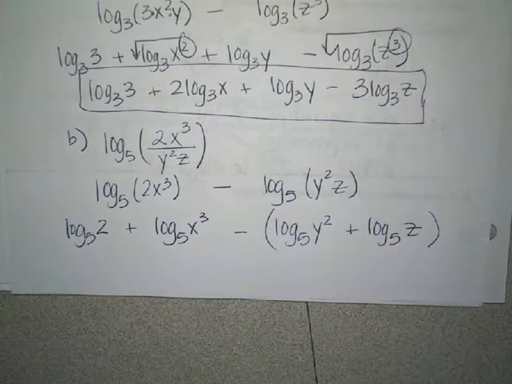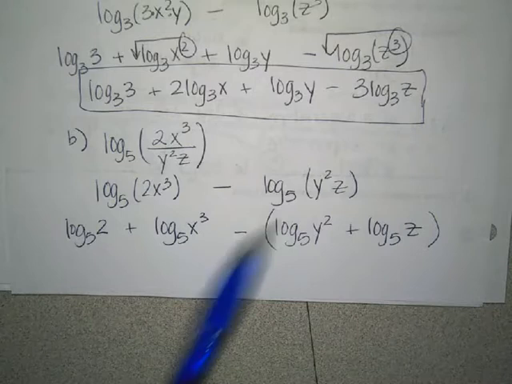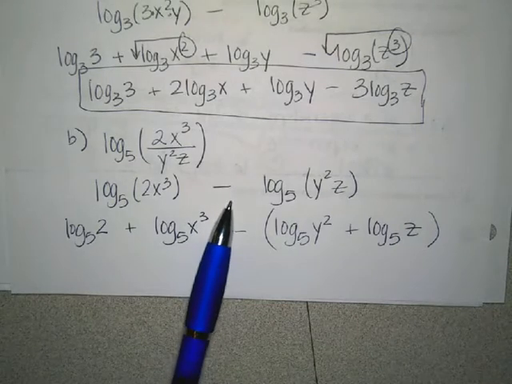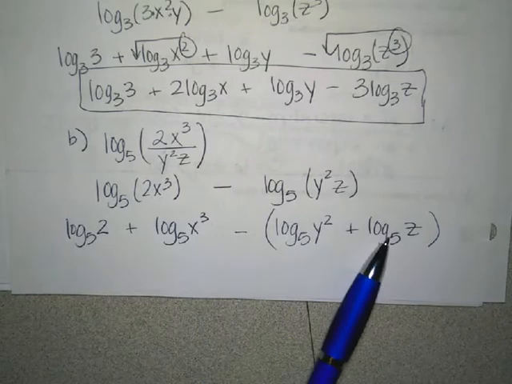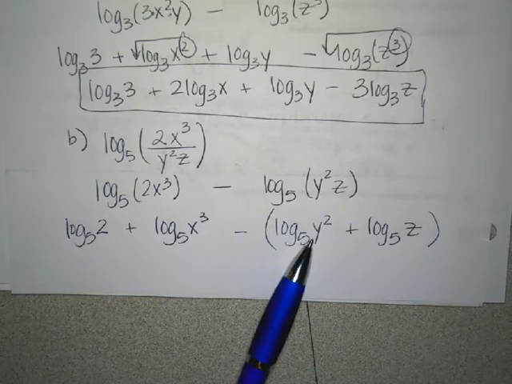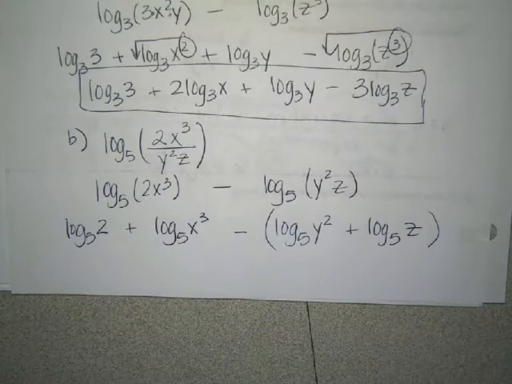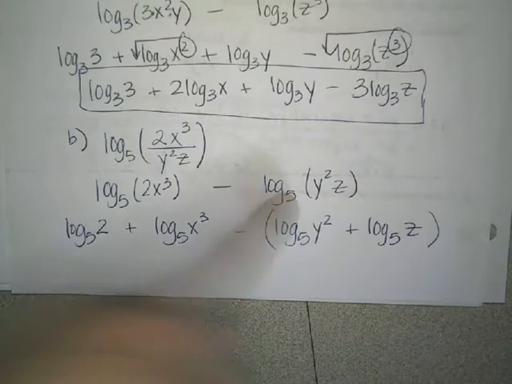Can someone tell me why I grouped those last 2 together? Because what's in front of this logarithm here? A minus, which means I have to subtract both of these. So because you split it up, I do have to just show that you're subtracting both of these because they were both part of the same logarithm here.